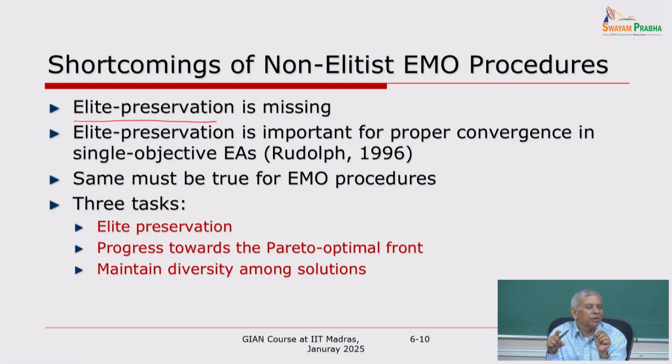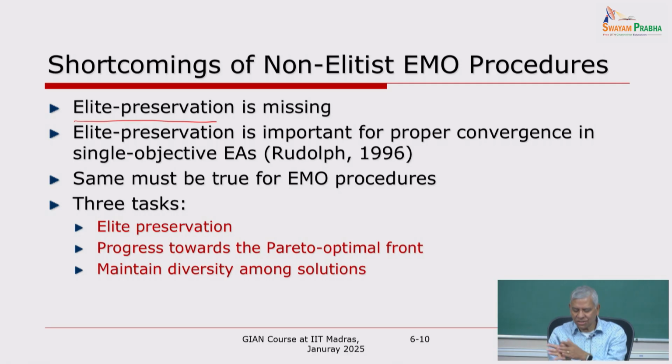If you are not ensuring that the best solution from the previous generation is always passed on, then you may have a population at a generation which is not as good as the previous generation, because you have not copied the good ones from the previous one. That's not good, and that's called elite preservation if you're doing it. So some of the early algorithms did not do that complication, and we had some issues with that.